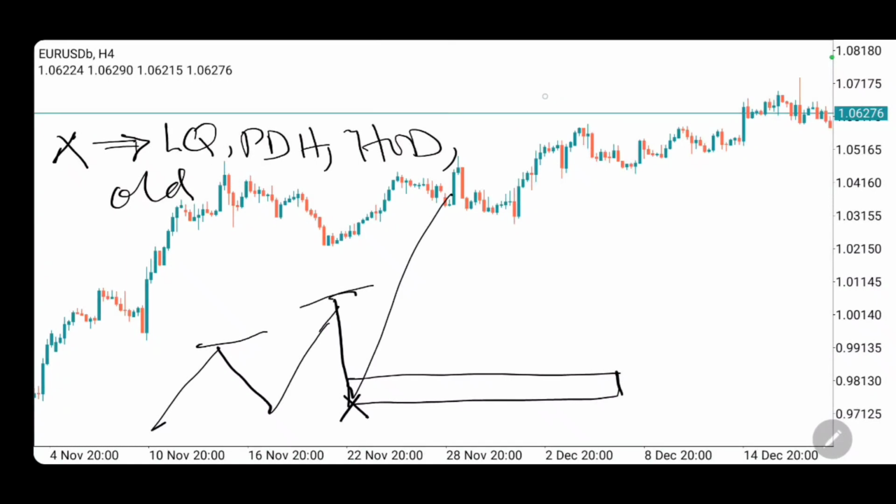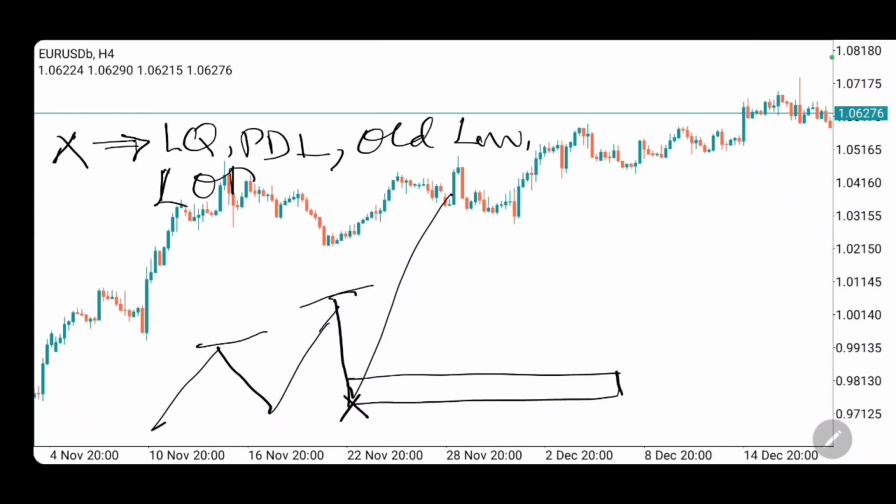Okay, in this scenario, because we're in a buy market, it could be your previous day's low. It could be your old low. It could also be the low of the day.